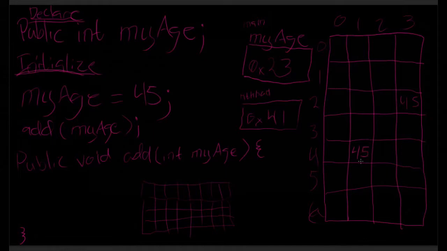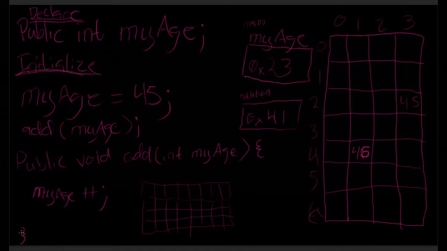This guy now gets the value 45 and assigns it to its memory location. Then when we say my age, M-Y-A-G-E, plus plus, it's going to take the my age at this location and change it to 46. And notice it's not changing this my age down here. So my age inside this function gets turned to 46.